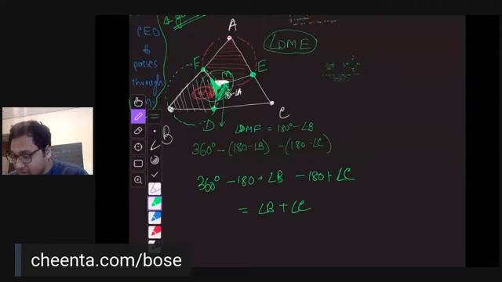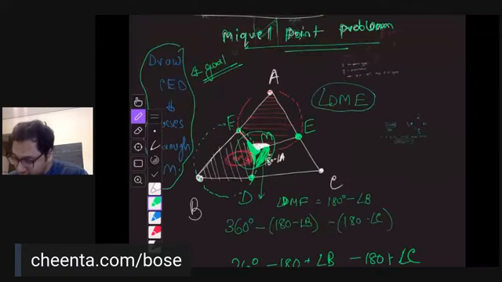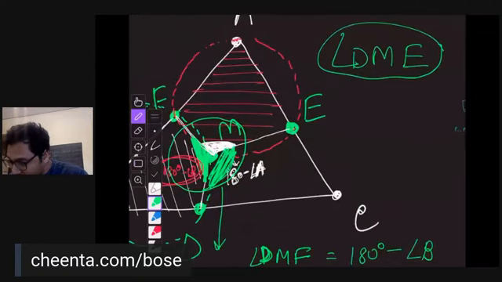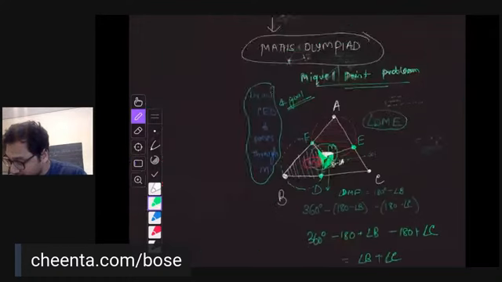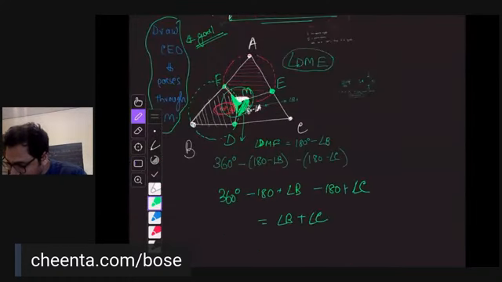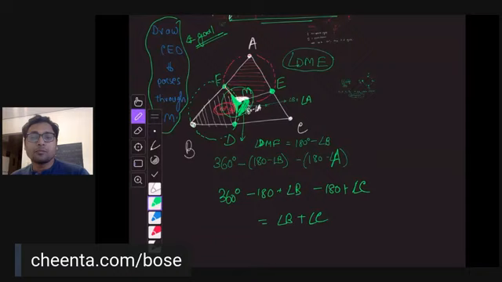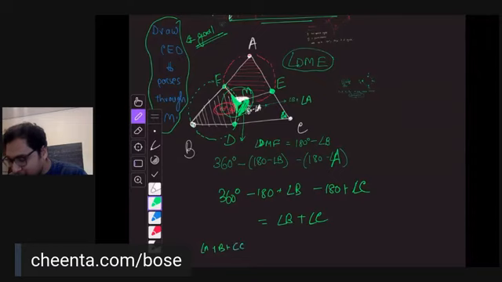So this angle right here turns out to be angle B plus angle, sorry, this was A, right? Angle B plus angle A. But this is A plus B, and then this one is C. So A plus B plus C, we know that's 180 degree.